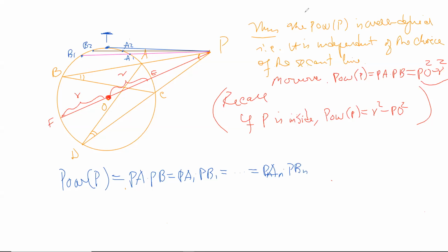With the An and Bn both converging to what? Getting closer and closer to the tangent point, okay? Because if this second line is getting closer and closer to the edge of the circle, they both have to converge to the tangent point, okay?